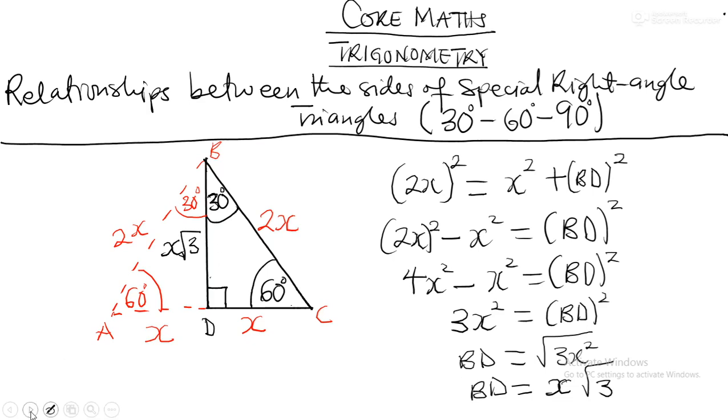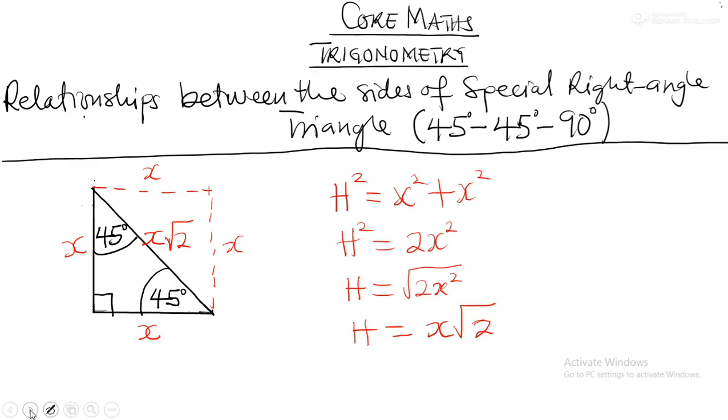Good. So we moved on to the relationship between the sides of the 45, 45, 90 right angle triangle. There also we saw that if we know one of the sides apart from the hypotenuse, we can get the other two sides.